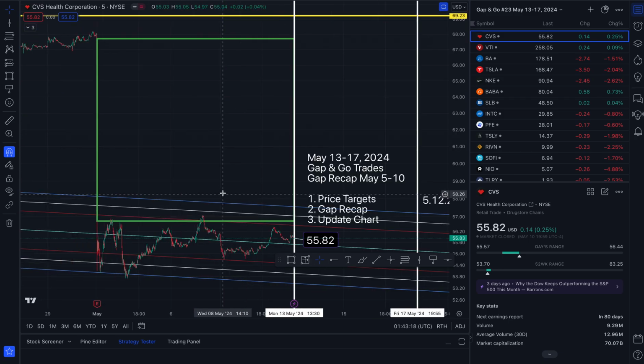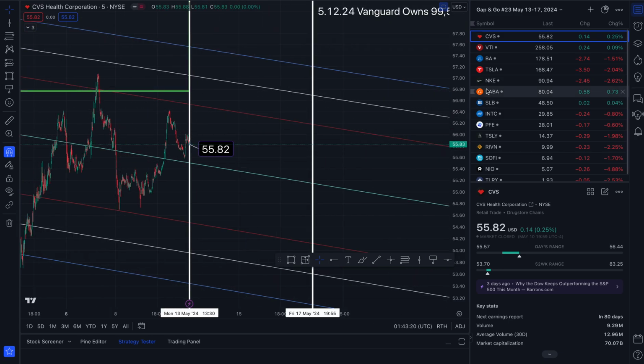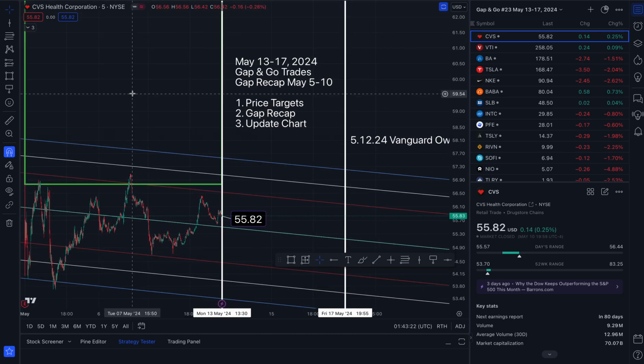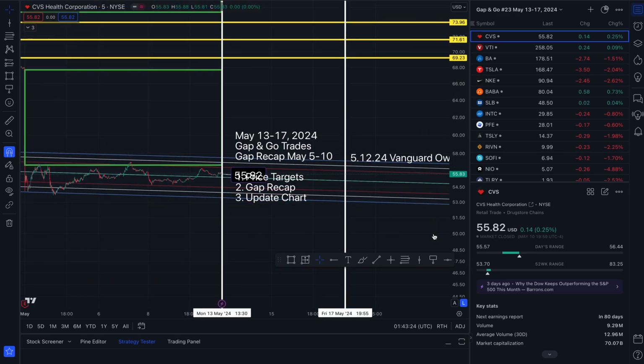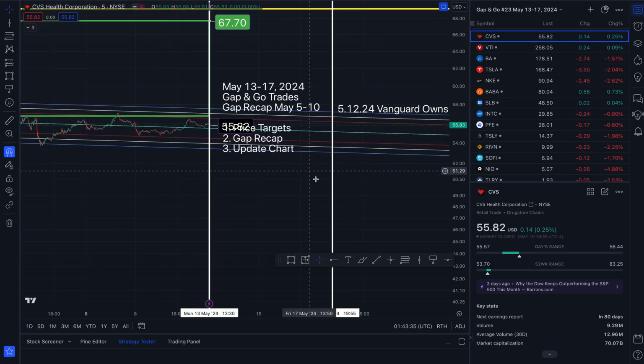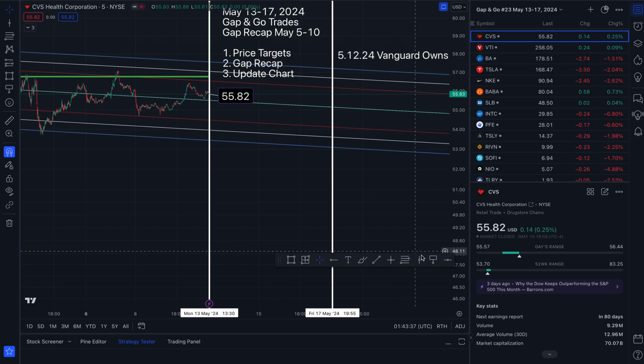Okay. And I will be tracking this stock until it gets to this level. And then I will be adios. So from there to here, this is the target area-ish, 56.77.